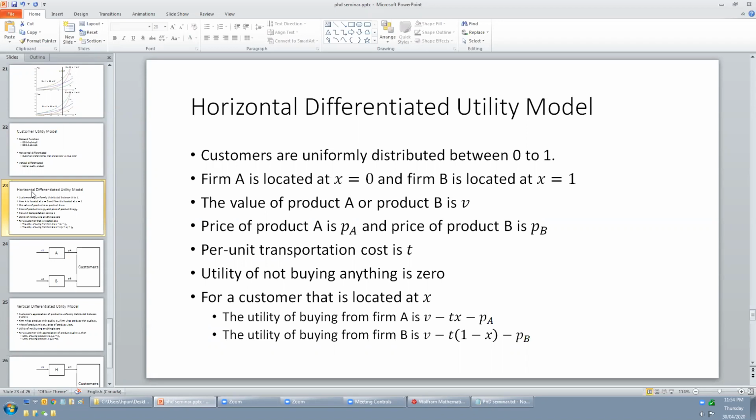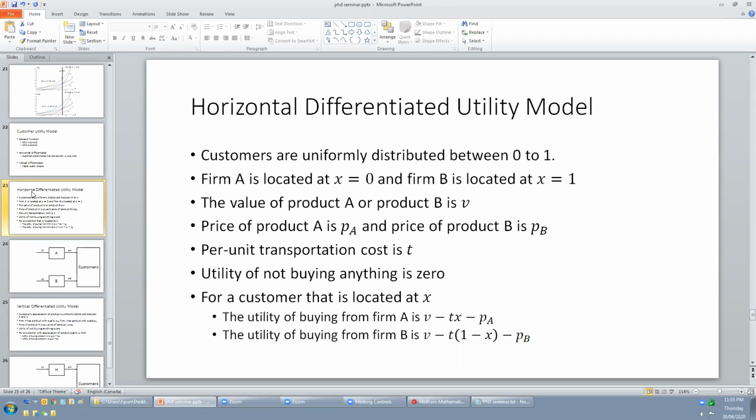Therefore, the utility of buying a product is V, the value of the product, minus T multiplied by x, which is how much you pay the taxi driver, minus PA, which is how much you pay for the product.